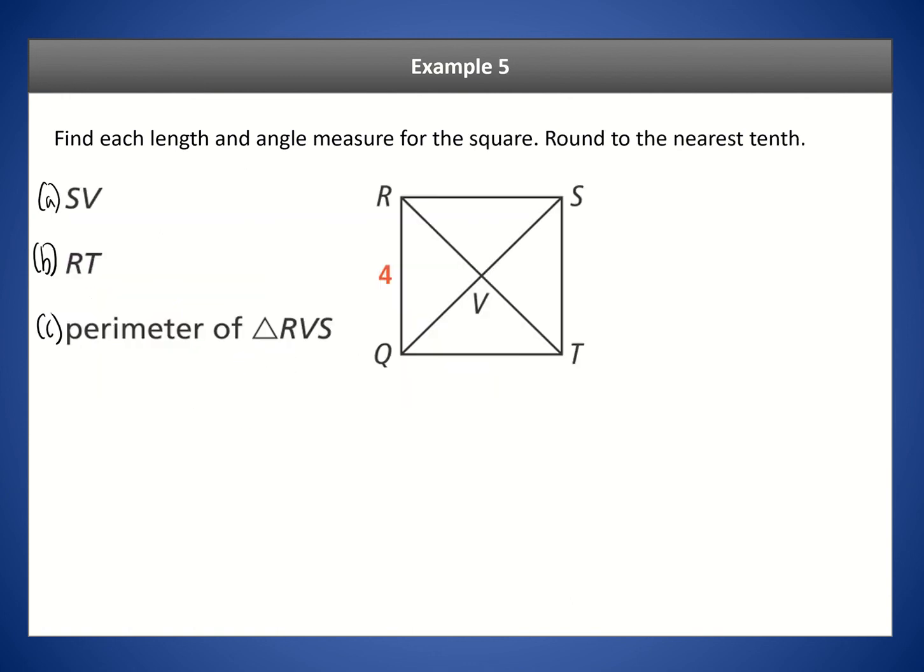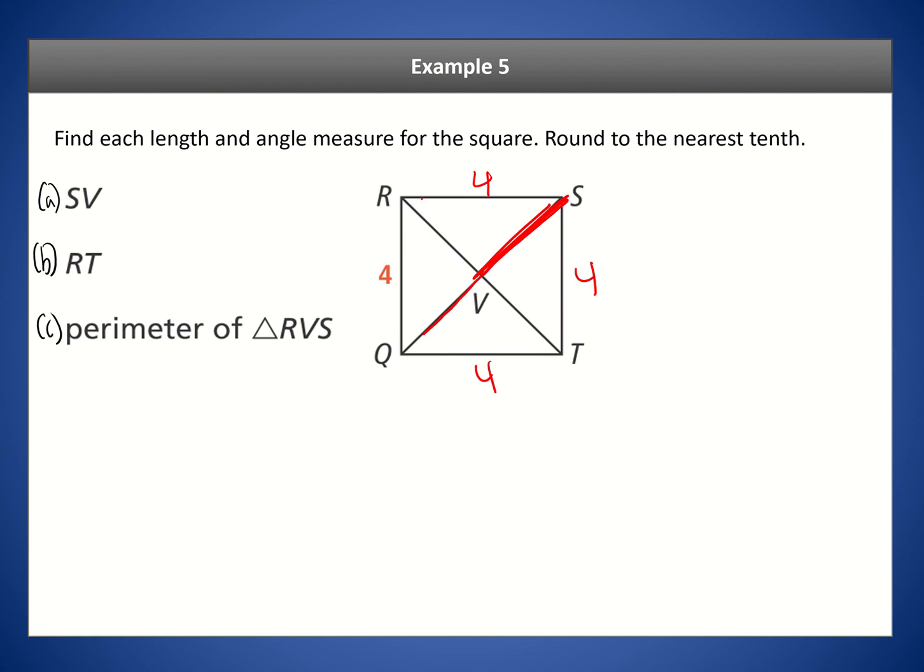All right, so now let's look at a square. Find each length and angle measure for the square. Round to the nearest tenth. So we're looking for SV. We know that this is a square, so all of these are the same dimensions. So this is 4, 4, 4, and 4. We know that for a square, we have right angles.